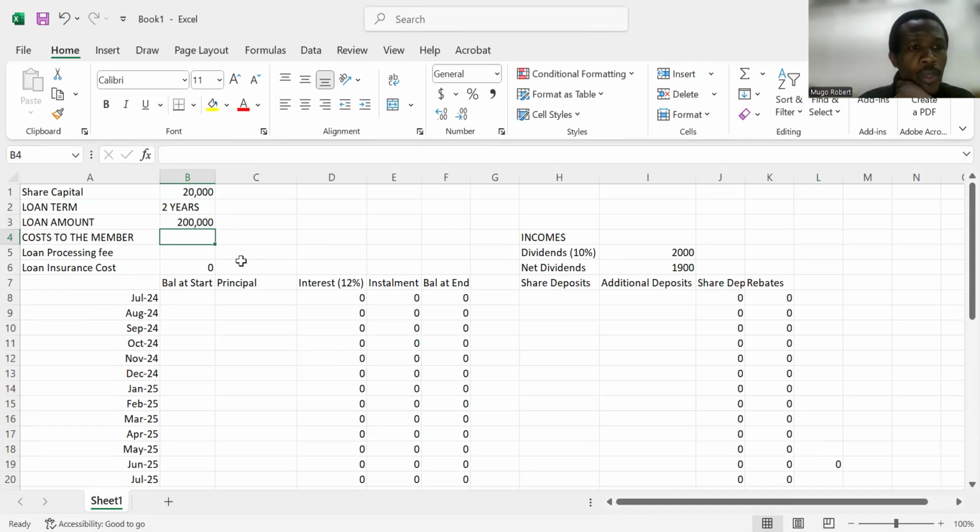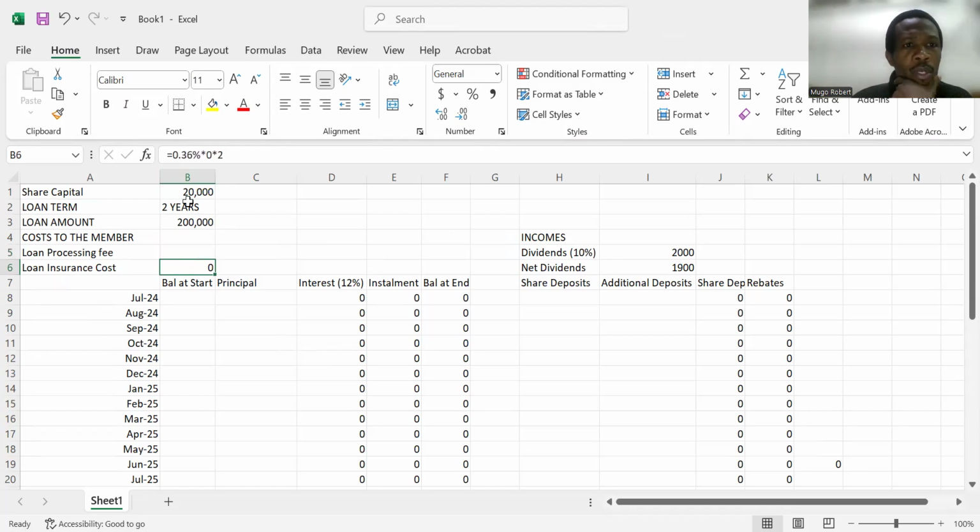Sacco X does not have a loan processing fee, but they charge a loan insurance. The loan insurance this Sacco charges for a normal loan is 0.36% times the amount times the number of years.